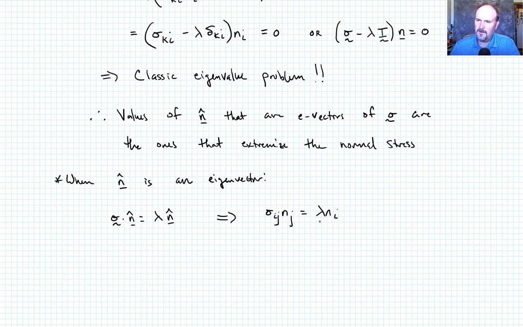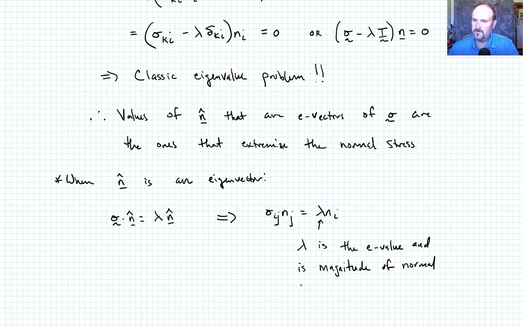What does it also mean? It means that lambda, the eigenvalue, is the magnitude of the normal stress on the plane defined by n.